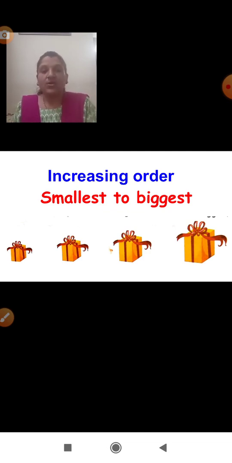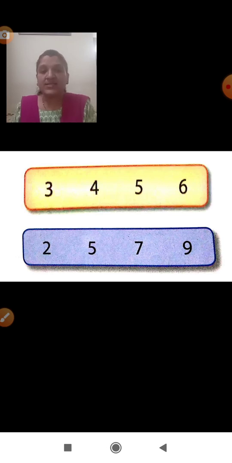Like this, we can arrange the numbers in increasing order. You see in the first box numbers 3, 4, 5, 6. They all are arranged in increasing order. In the next box, we see numbers 2, 5, 7, 9. They all are arranged in increasing order, means from smallest number to biggest number.